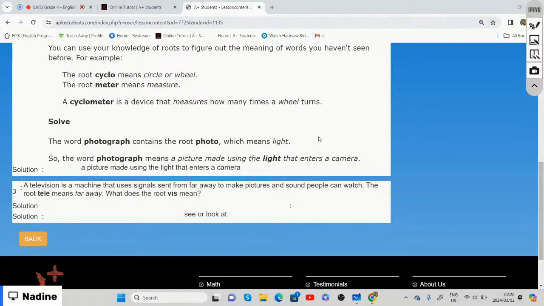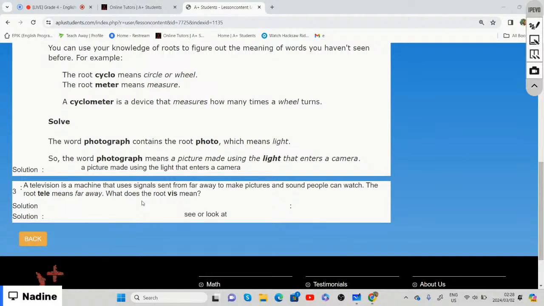All right, and by number three, we have a television is a machine that uses signals sent from far away to make pictures and sounds people can watch, right?